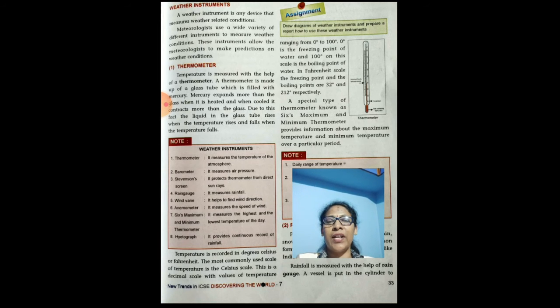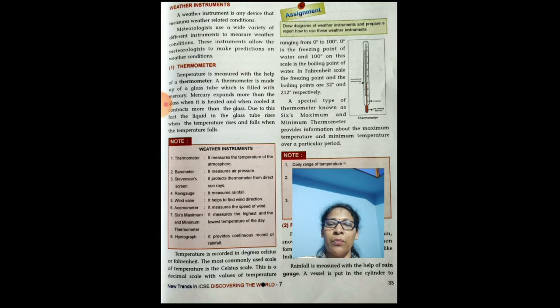It helps to find wind direction. Anemometer. It measures the speed of wind. Six's maximum and minimum thermometer measures the highest and the lowest temperature of the day. Hyetograph provides a continuous record of rainfall. These are some instruments which we are going to study in this video.